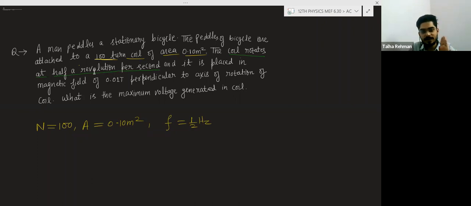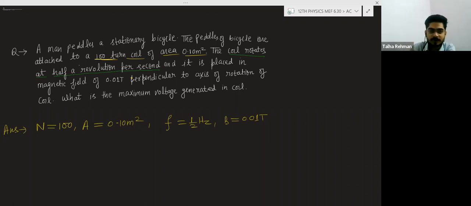This is given, and it is placed in the magnetic field of 0.01 Tesla, perpendicular to the axis of rotation of the coil. What is the maximum voltage generated in the coil? So basically this is the case when your coil will rotate.